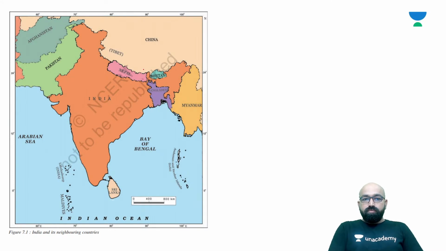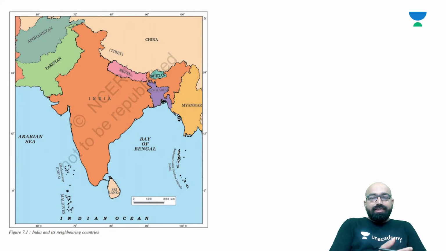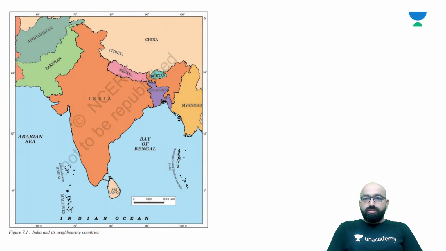Now, when we are talking about east to west, which extends from Arunachal Pradesh to Kutch in Gujarat, it is around 2,900 kilometers.